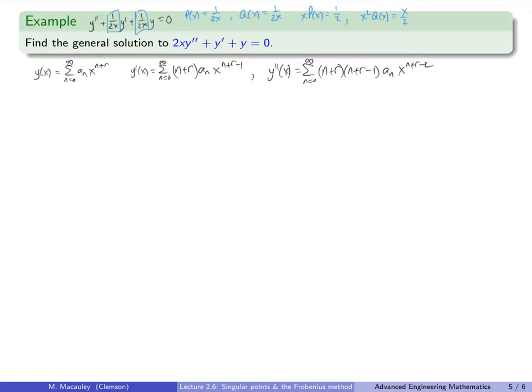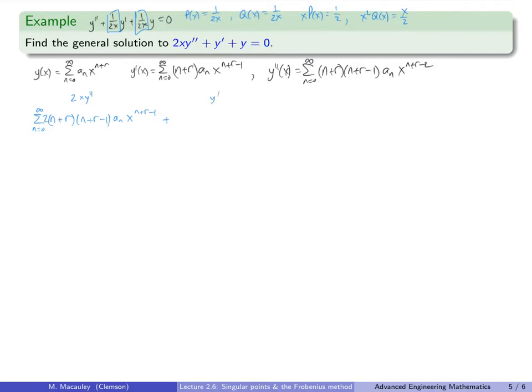So okay, let's write this out. 2x y double prime. So this thing here, let's put a 2 in front, and let's make this r minus 2 and r minus 1. So that is the sum from n equals 0 to infinity of 2 times n plus r times n plus r minus 1 times a n times x to the n plus r minus 1, plus the next one is y prime.